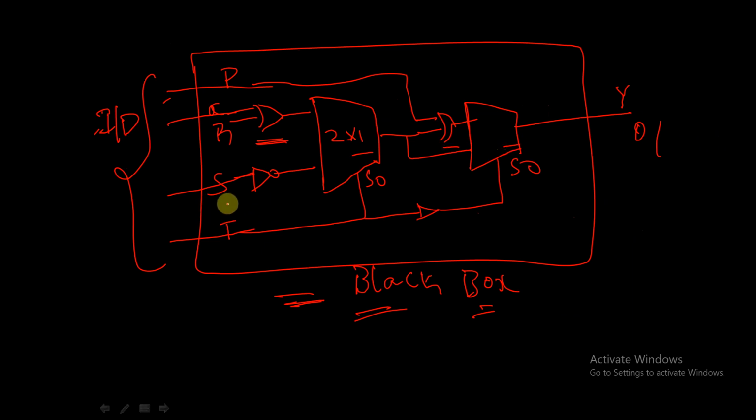Next, what is another path? Input to NOT gate, NOT gate to multiplexer, multiplexer to output.